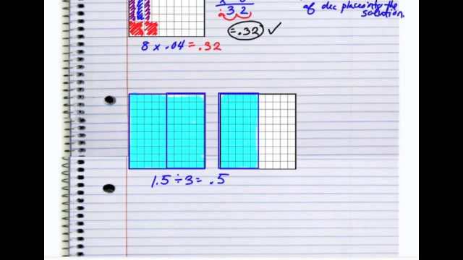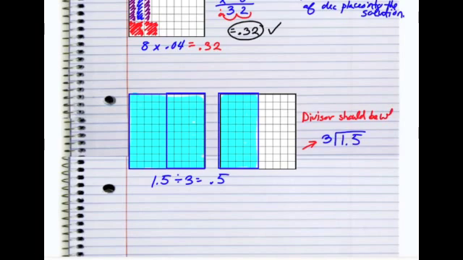In order for me to do this the long way with my algorithm, I need to divide 3 into 1.5. There's no decimal in my divisor, which is the 3. I have no decimal value there because 3 is a whole number. That's key. I want my divisor to be a whole number. So your divisor should be whole.